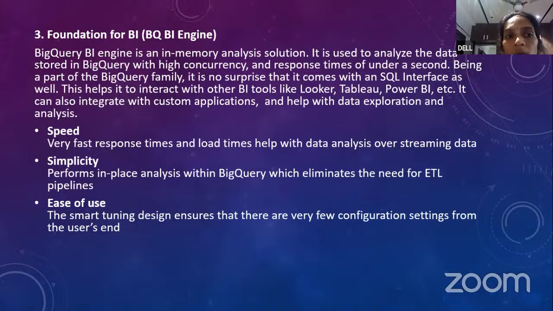Once we are using BigQuery BI Engine, it will help us to explore other BI tools like Power BI and others. It has speed, simplicity, very fast response and load times, with the help of data analysis and streaming. For streaming data, where data is continuously coming, on that data also we can perform some business intelligence operations using BigQuery.